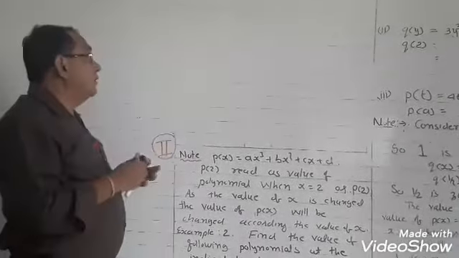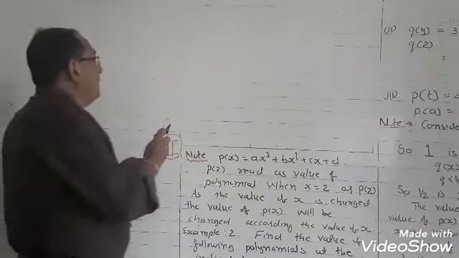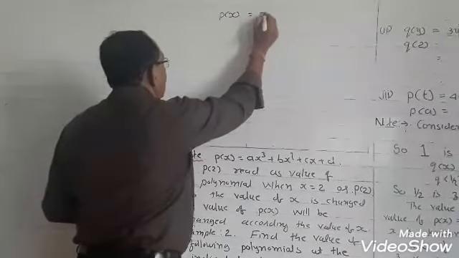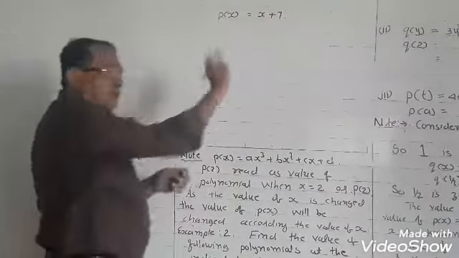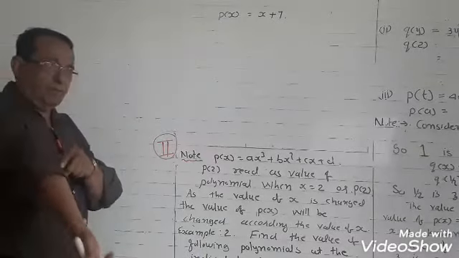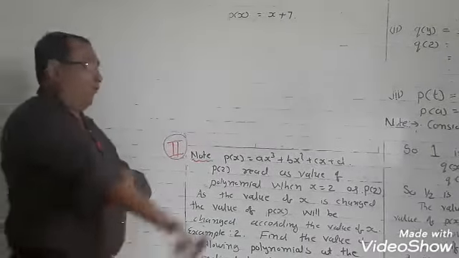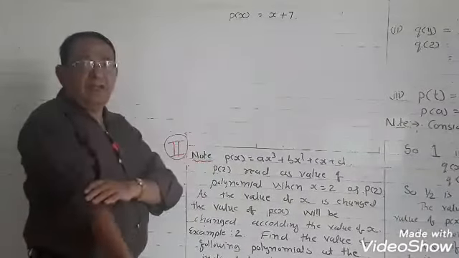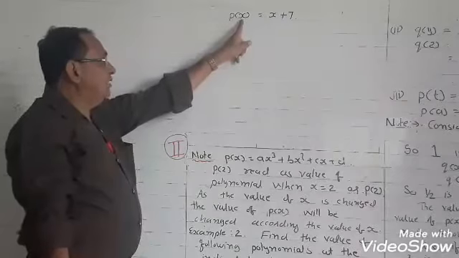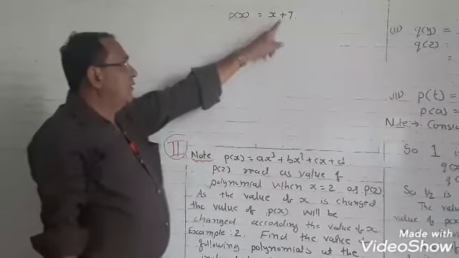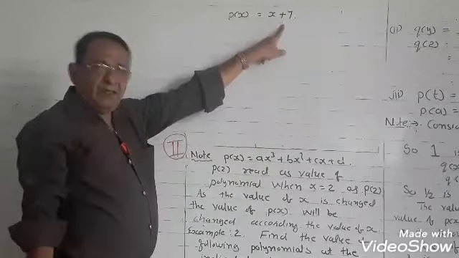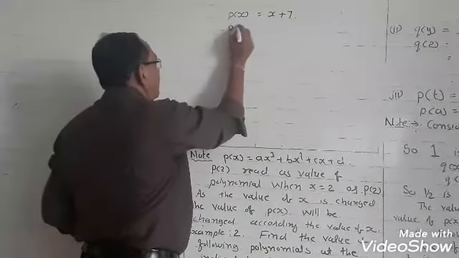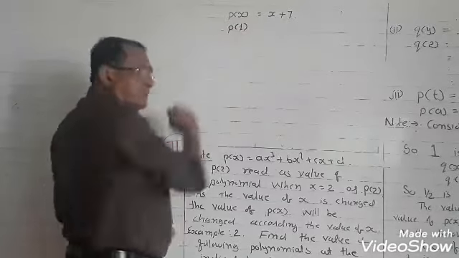Now, tell me, if p of x is equal to x plus 7, what is the value of this polynomial? There are infinite values. As the value of x changes, the value of the polynomial will change. Suppose I have written here p1. How is it read?